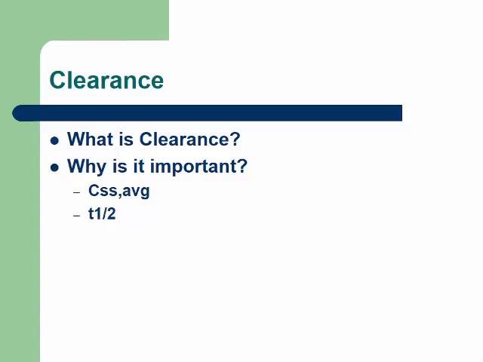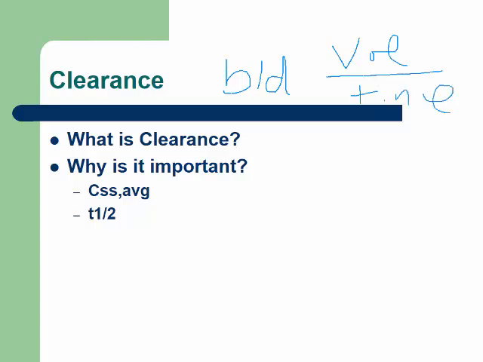So it's a volume of blood that can have all the drug removed from it per time. So the units of clearance are volume per time.